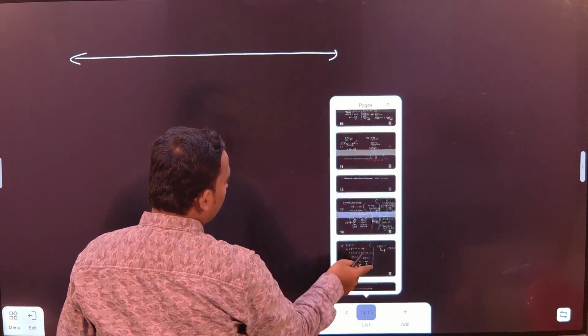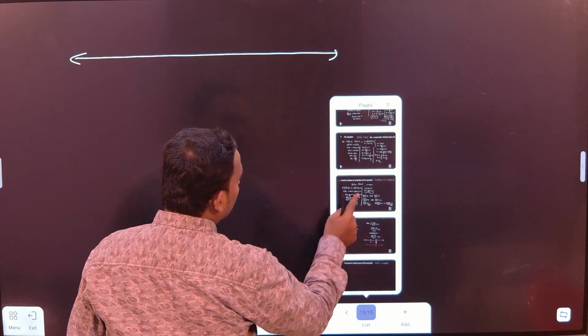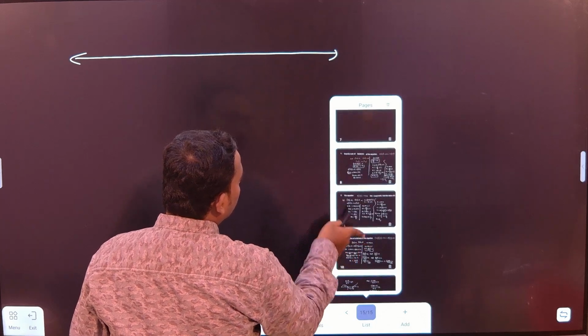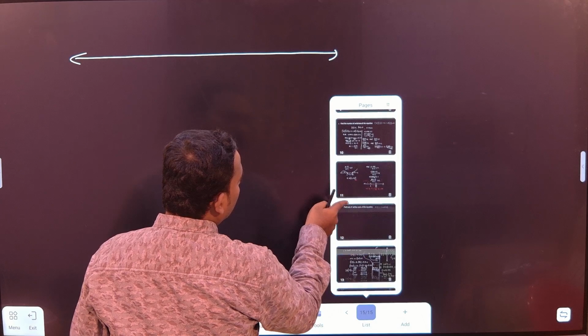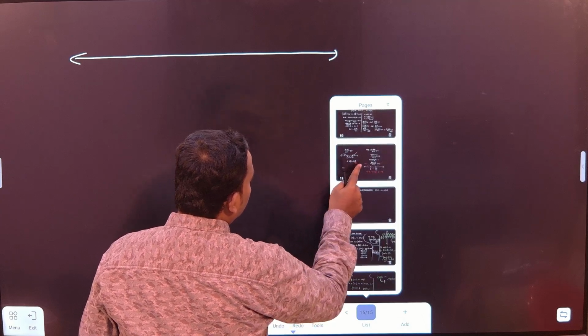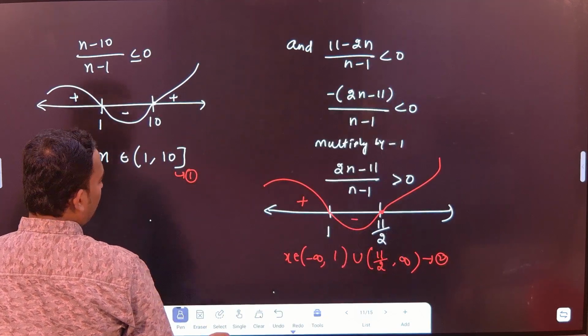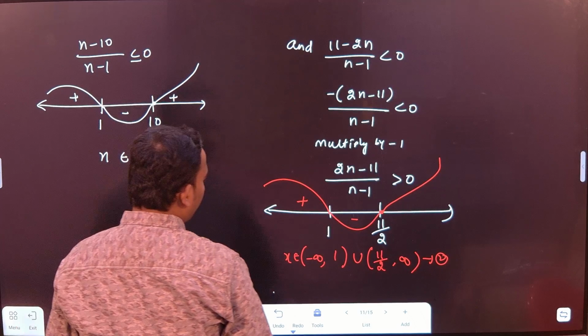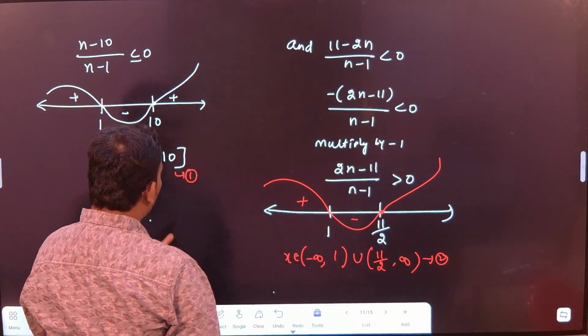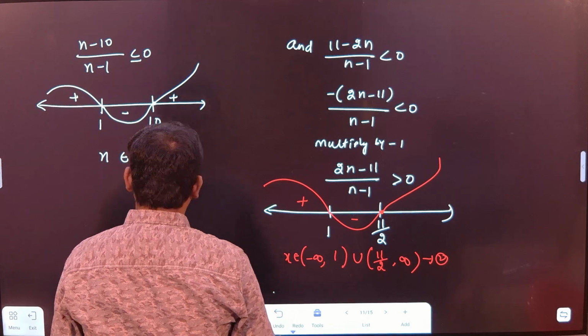What is the x value? Page number 11, right? So 1 to 10 and minus infinity to 1. 1 to 10 you have to take first.